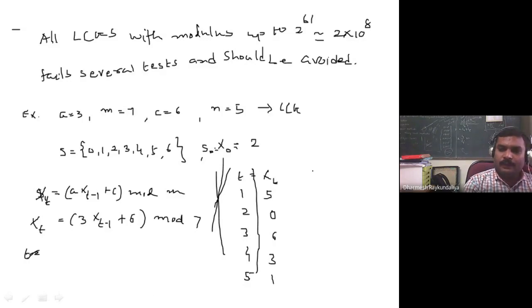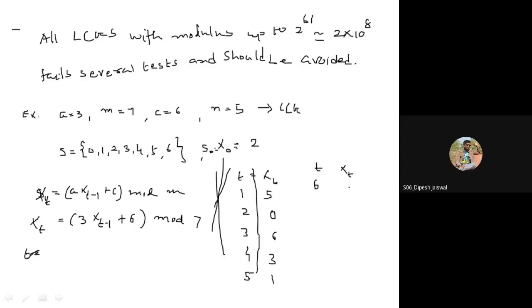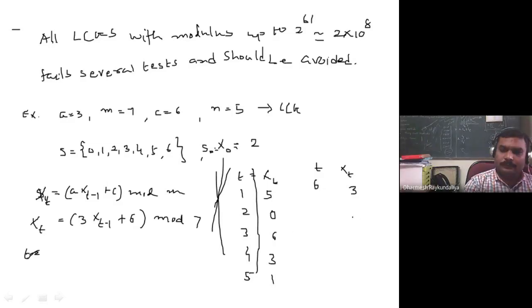Now if I wish to generate the next number from 6, then what is the output? 3 sixes are 18. 18 plus 6 is 24. Then 24 gives 3. Now what is the next answer?